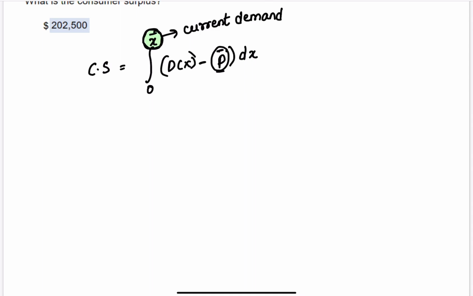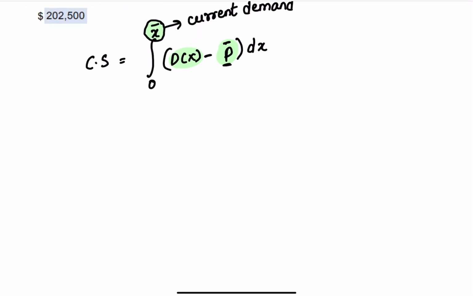You're subtracting that from your price demand equation, and the difference you get is your consumer surplus, because that's the amount you saved. Now, how do I do this? Where do I get all this information from? Again, it's very important you understand each and every term here. So this x bar is nothing but your current demand, p bar is your current price, and this d(x) is the price demand equation.